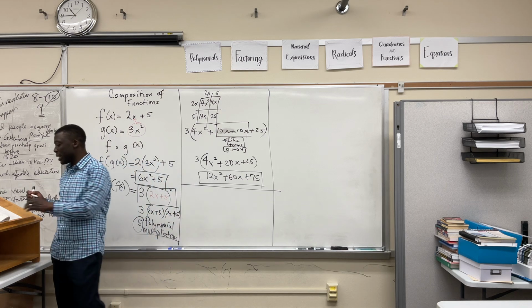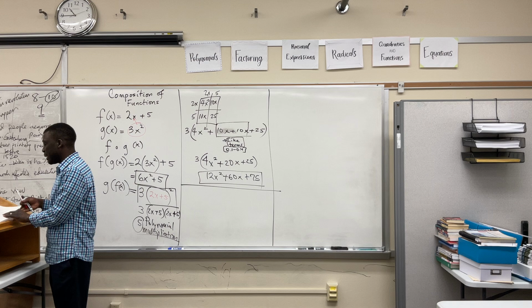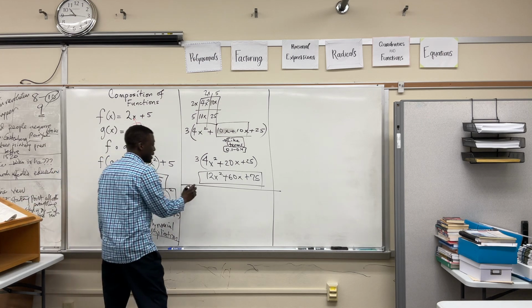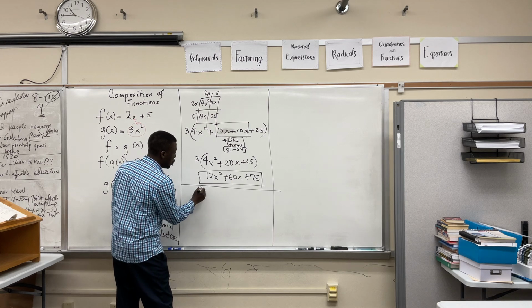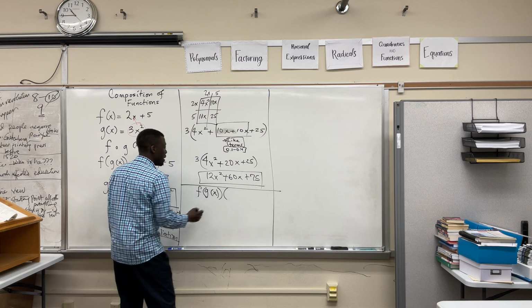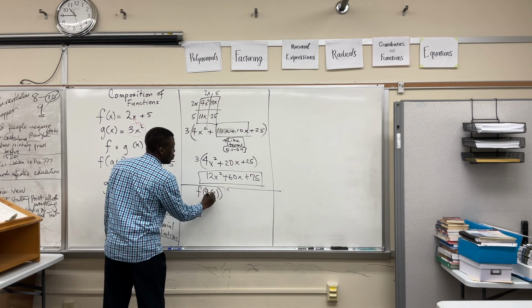Let's see a few more things here for composition of functions. They can also give you situations whereby somebody says, what is g of f of x? And then instead of putting x here, they might put, let's say, 2.